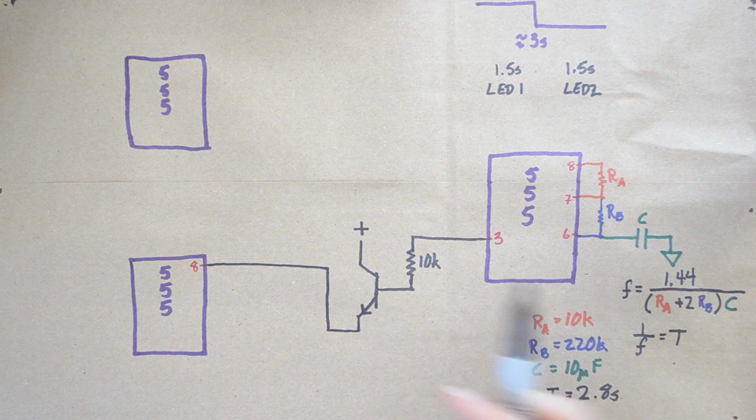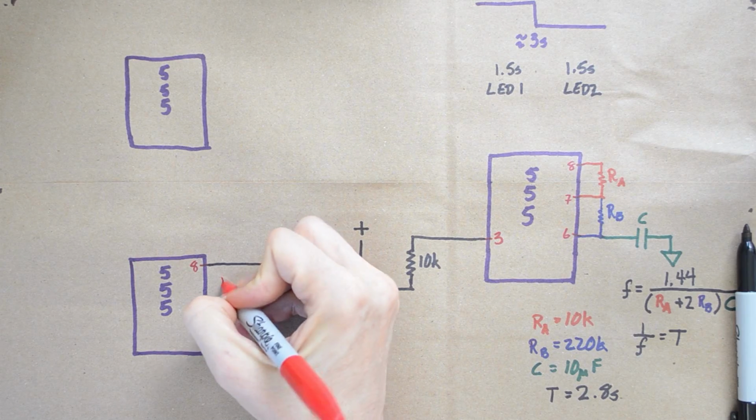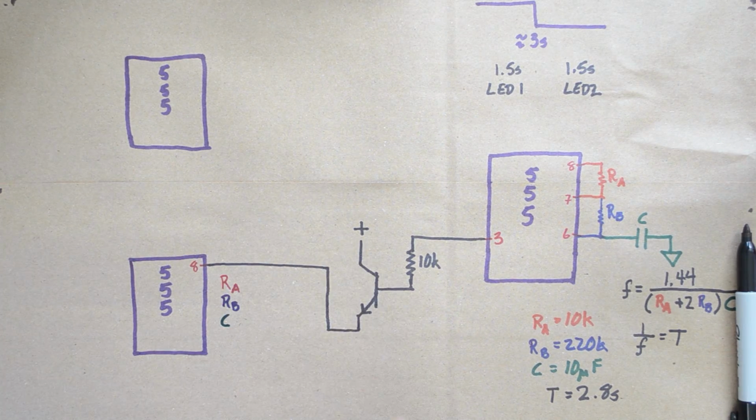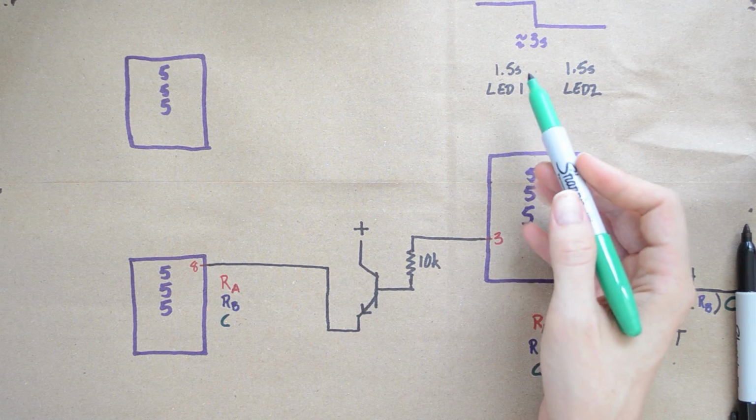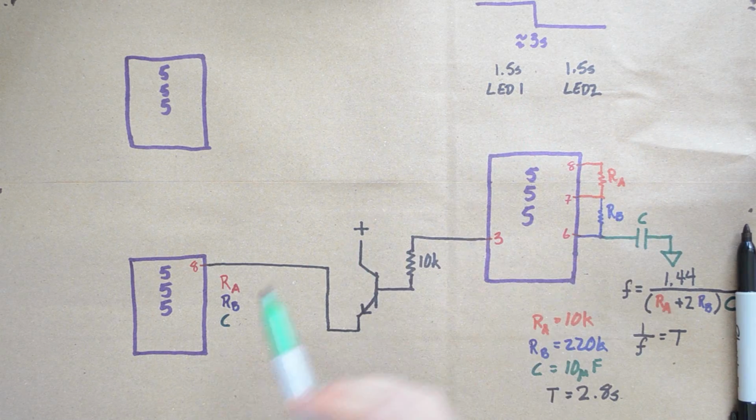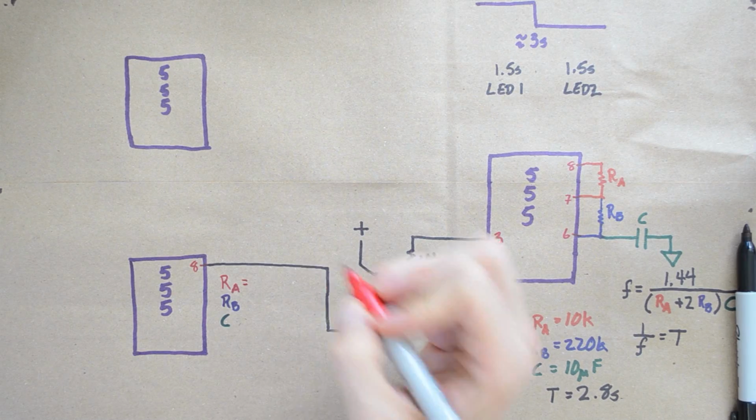And what we can do is set the RA, the RB, and the capacitance for this 555 timer so that they are, say, twice as fast as what we have over here. So what I've done is I have RA equal to 10K.